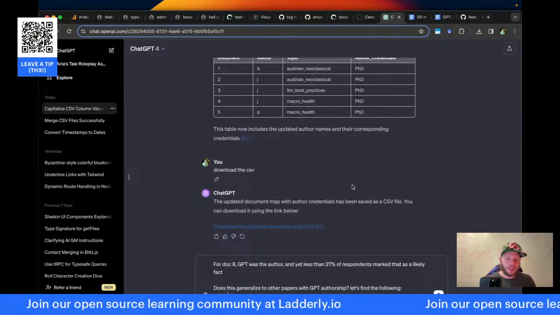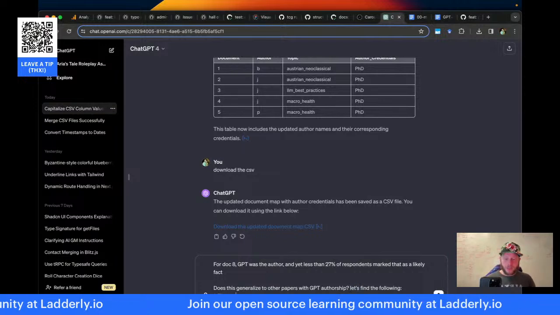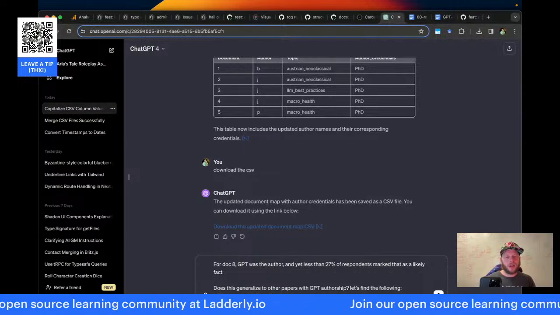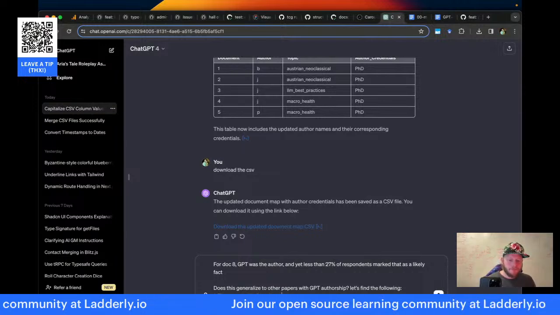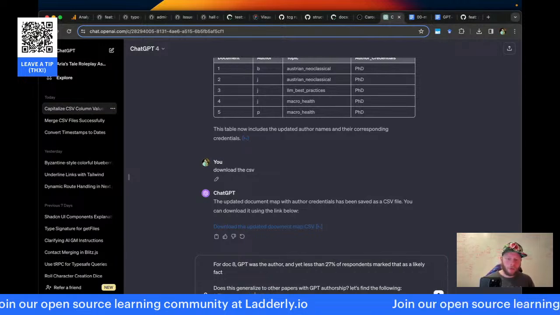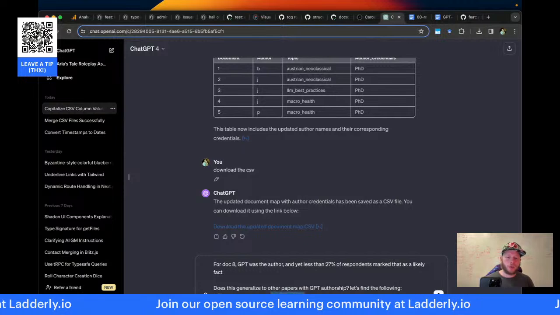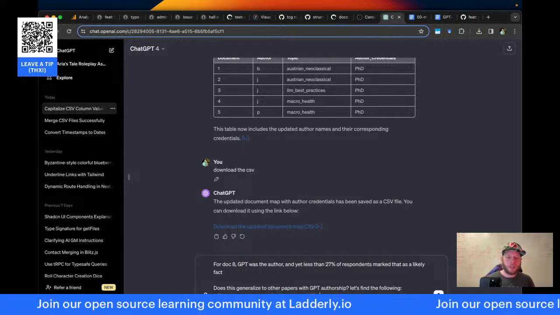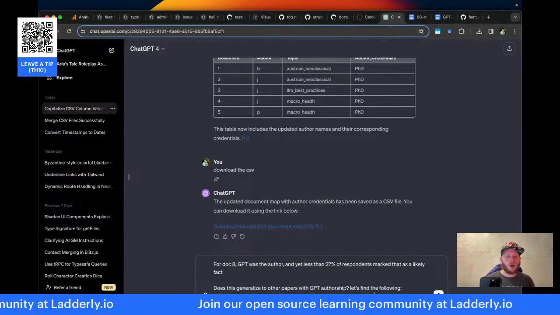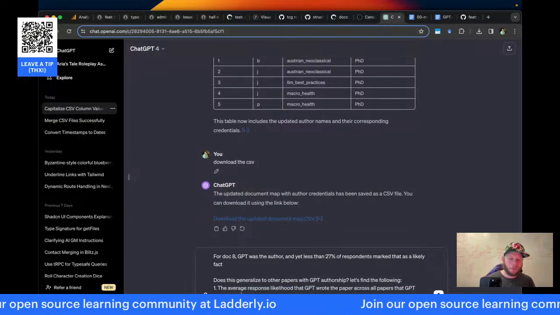We want to do a difference in means test, basically. One, the average response likelihood that GPT wrote the paper across all papers that GPT actually did write.